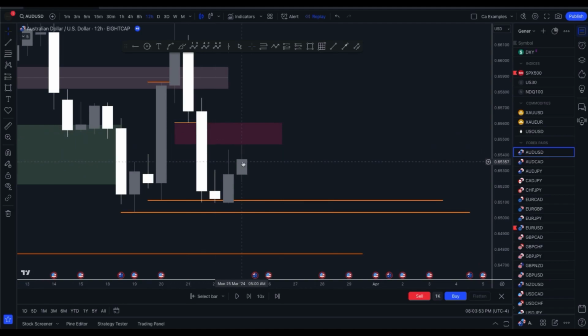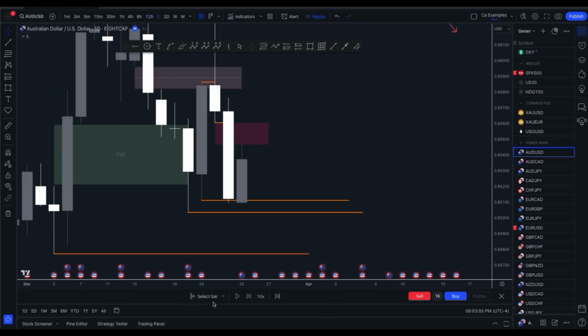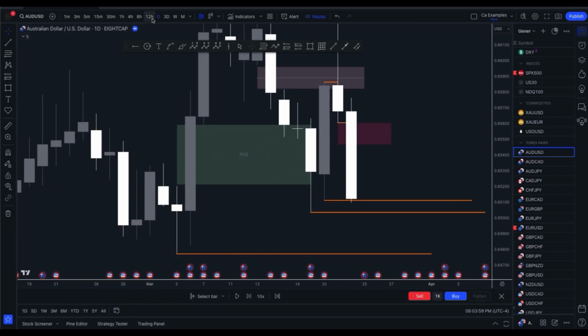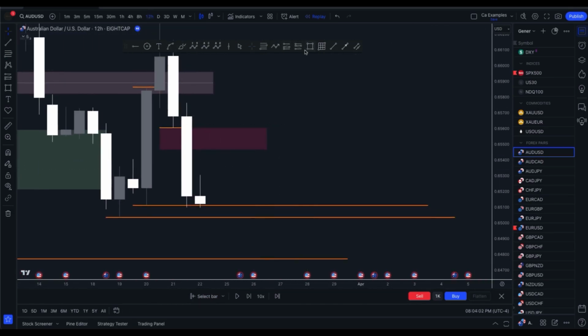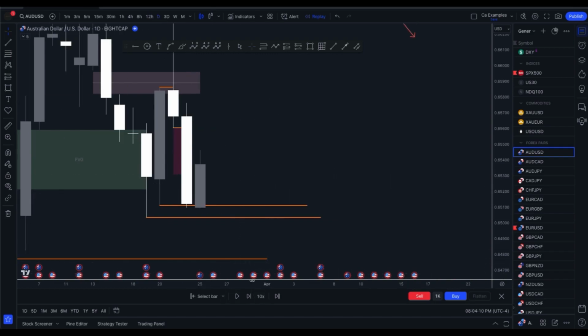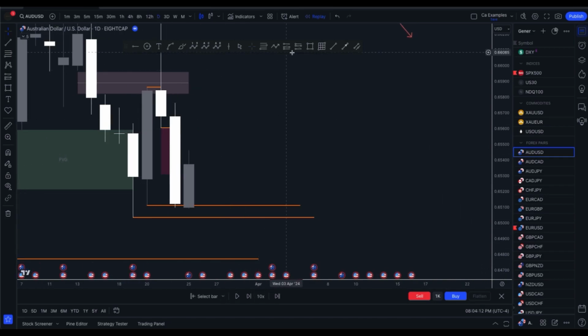Let's find something inside that says, hey, oh, look at that. There was already a fair value gap on the inside. So we play it, and what it did, it touched it, filled it in, or filled some of it in.